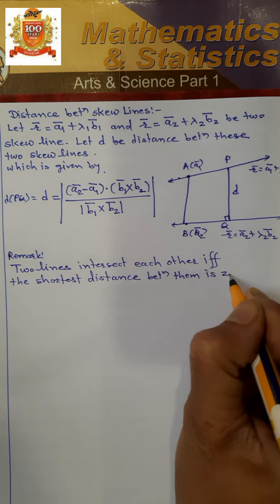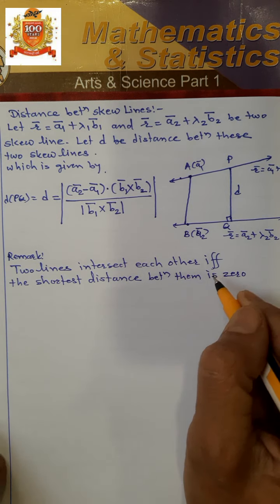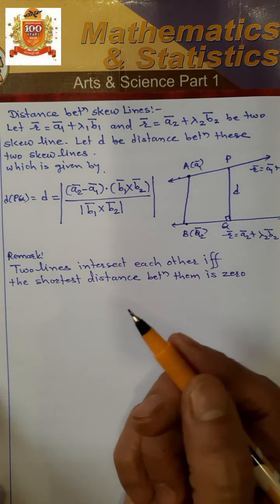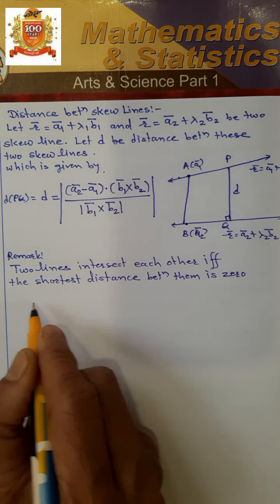We know this. If the shortest distance between two lines is 0, then these two lines are intersecting. That is true.